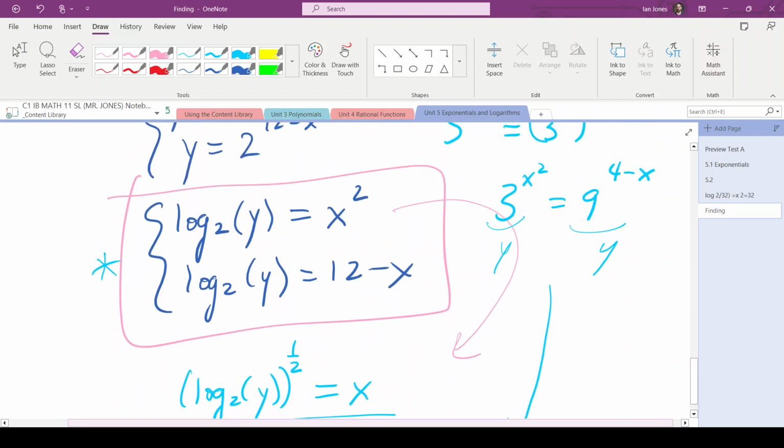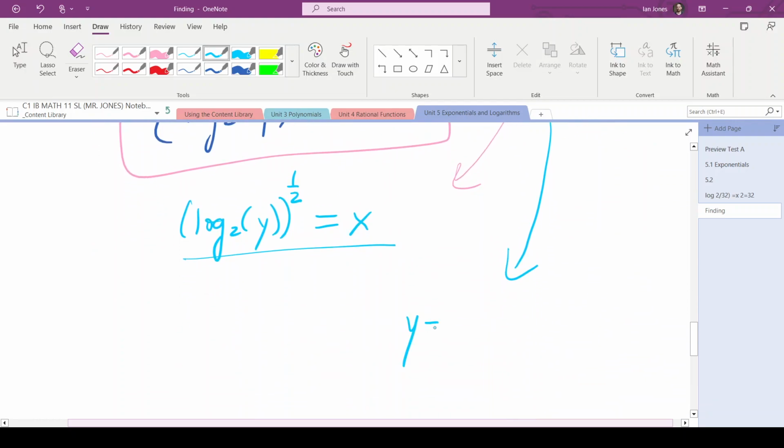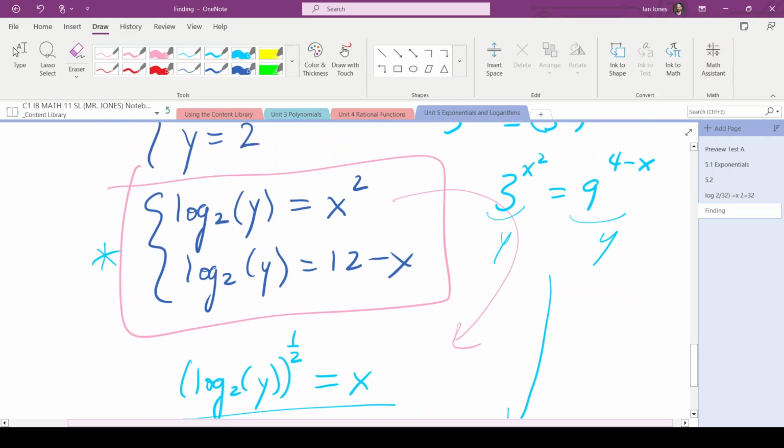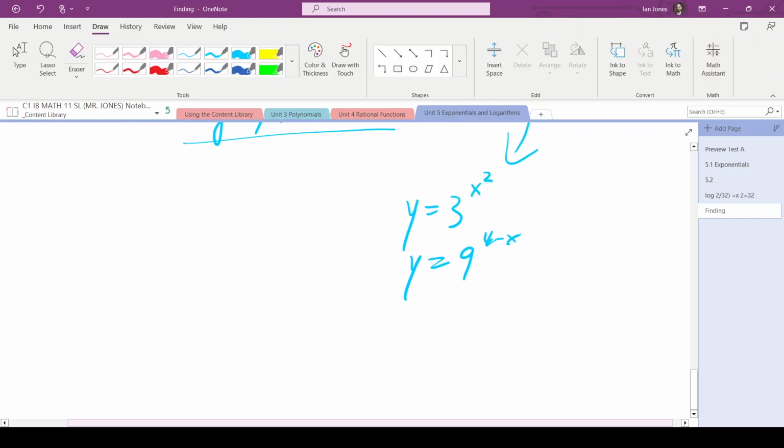I'm going to swoop down here. So I have y equals 3 to the x squared, and I have y equals 9 to the 4 minus x, like that. And now let's put it in log form.